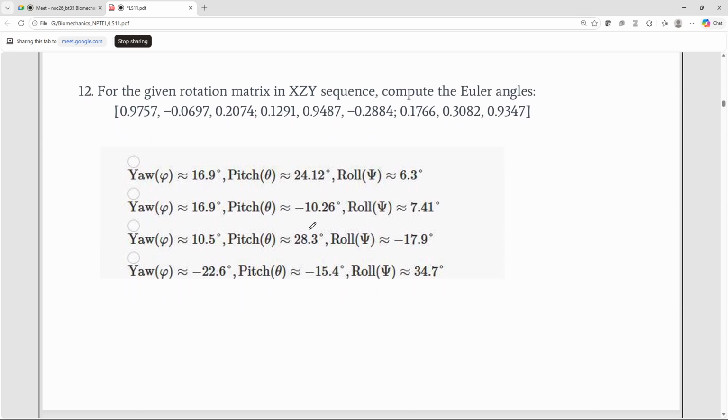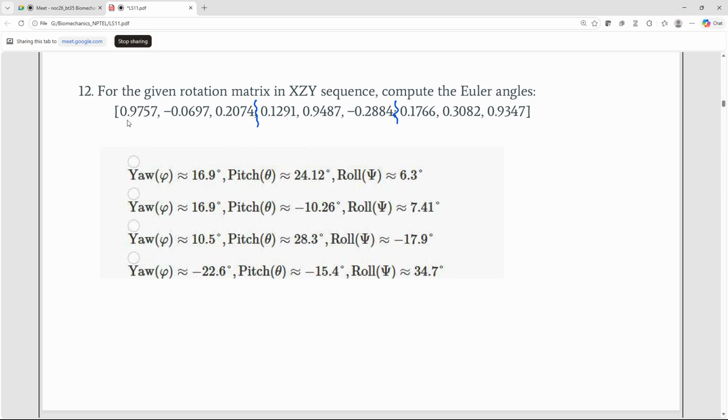Next question. For the given rotation matrix in X, Z, Y sequence, compute the Euler angles. It's a difficult one, but this has been asked before also. So these are the three rows.